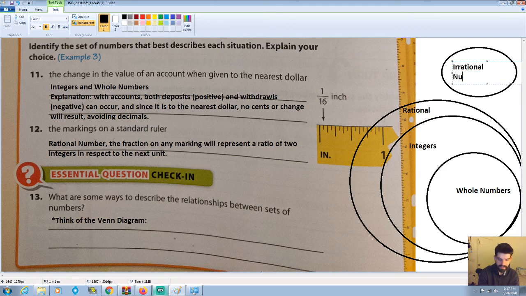So this is what I was mentioning, if you think of it like the Earth here, we see that all whole numbers are both integers and rational numbers. So we'll go ahead and put that. All whole numbers are integers and rational numbers. We can also say that all integers are whole numbers.